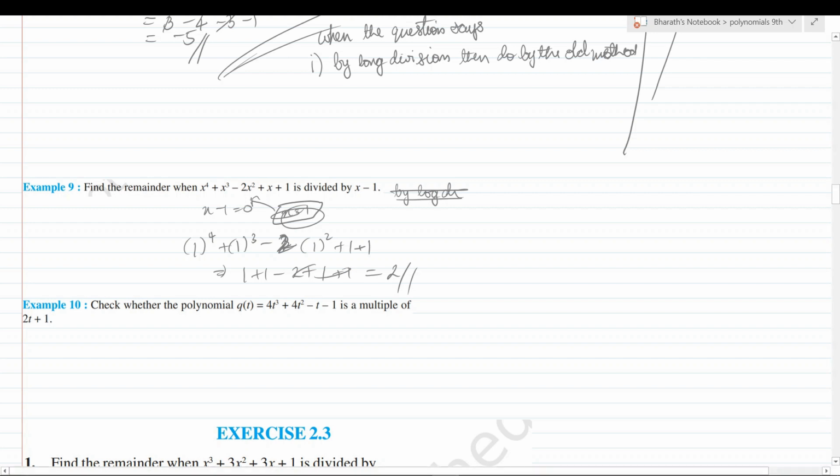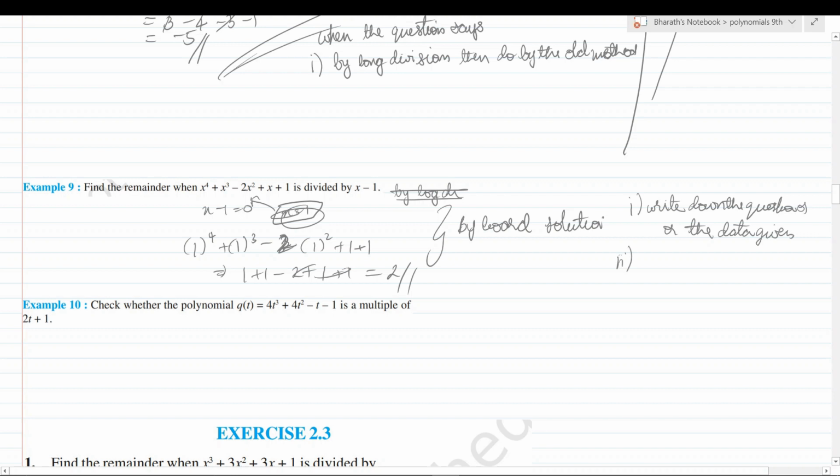Same thing, do it here, but this is not the way to write. You have to go by the board solution. Always keep in mind, first write down the question or the data given.